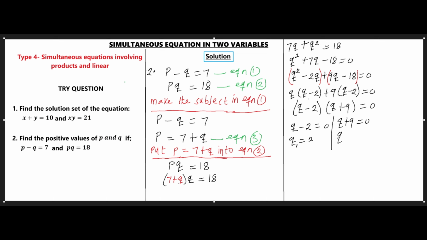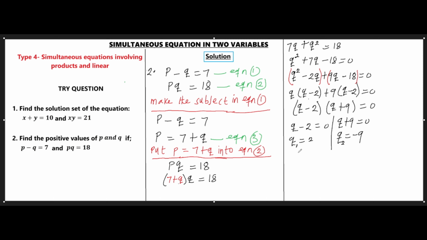When we make q the subject, q is equal to minus 9. So this is the second value of q. We need to find the corresponding values of p. We can do that using equation 1.